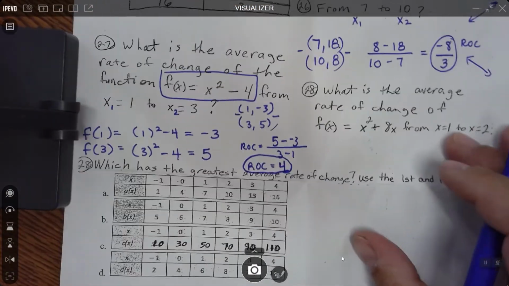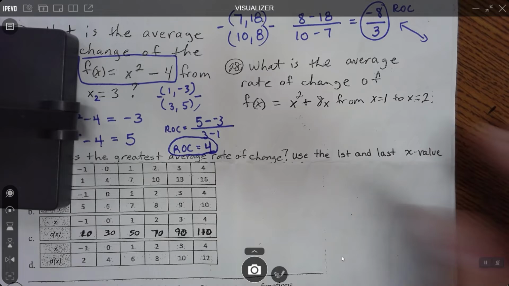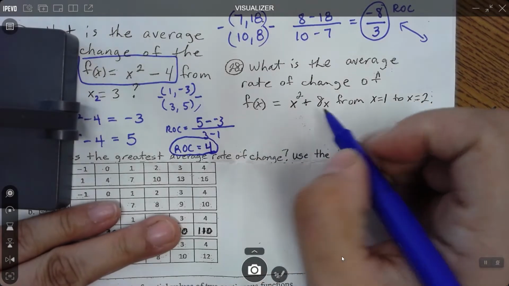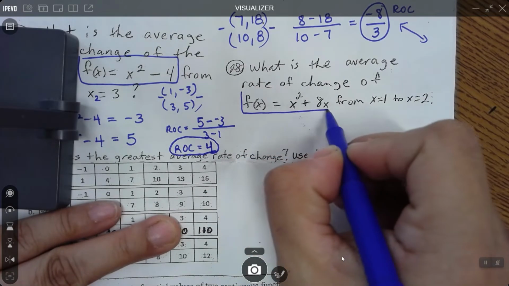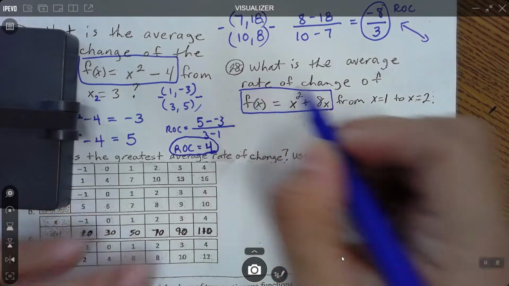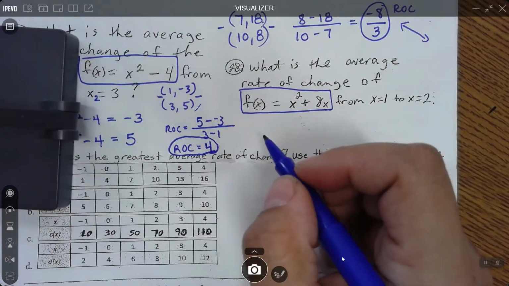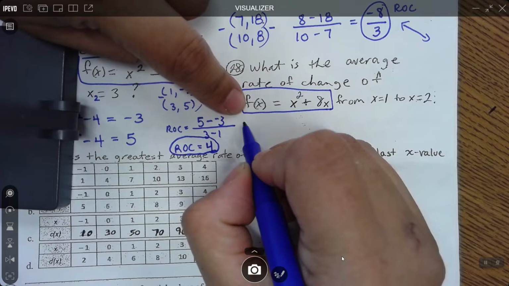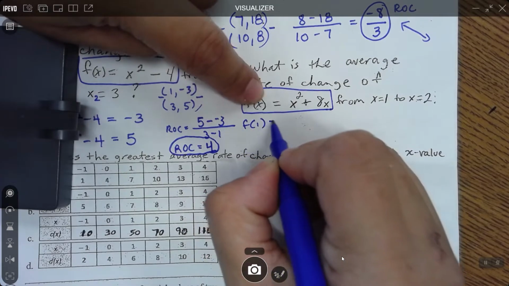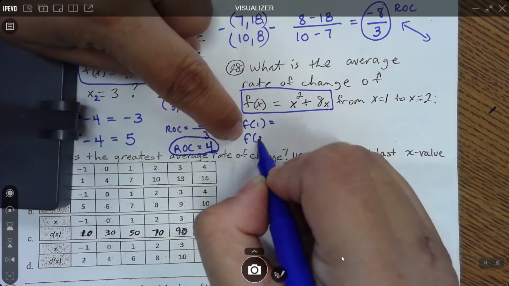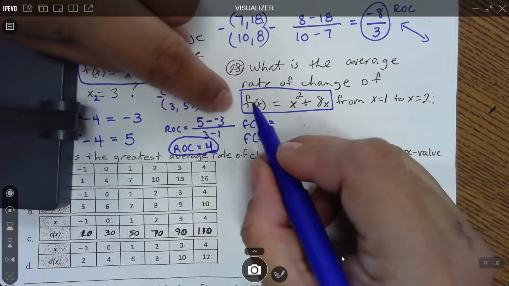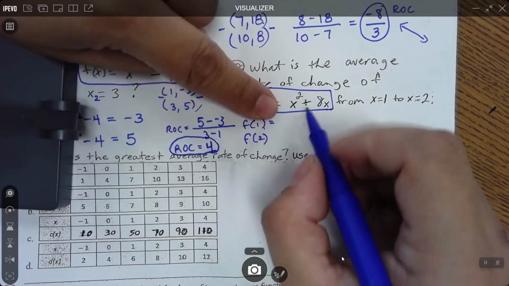What is the average rate of change of this function from x equals 1 to x equals 2? Well, in order to do that, we'll need to do f of 1 and f of 2. So wherever we see an x, we're going to plug in 1.